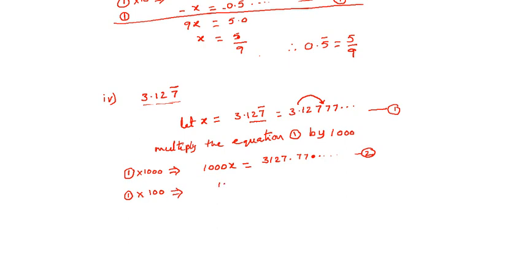Then you get 100x on the left side. Now in 100 there are 2 zeros, so the decimal point moves towards the right by 2 places. Then what you get? 312.77, etc. You may write like this, what you observe on the screen.